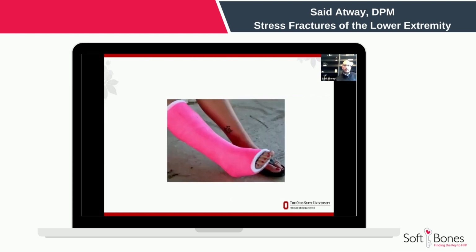A cast, so that would obviously leave the patient completely non-weight bearing. Again, these are considered conservative treatment, but not necessarily benign.